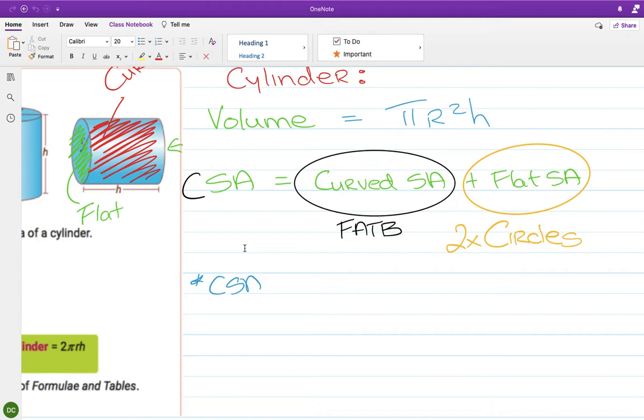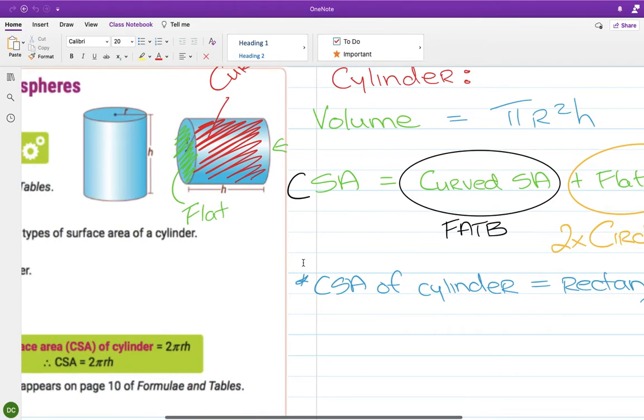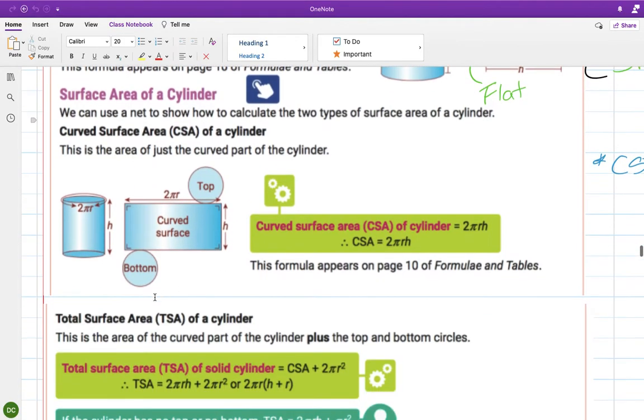Now, I'm going to show you the picture here, but if you don't believe me, the next time you run out of toilet paper, take the inside of the toilet paper roll and cut it. Roll it open and tell me what shape you're looking at. Okay, it's a rectangle.